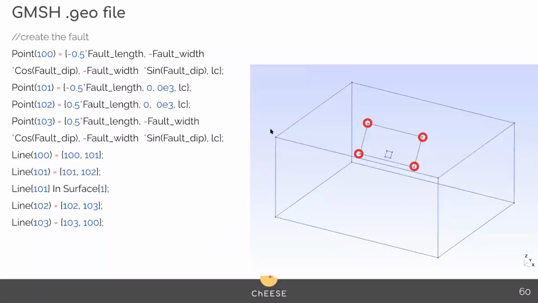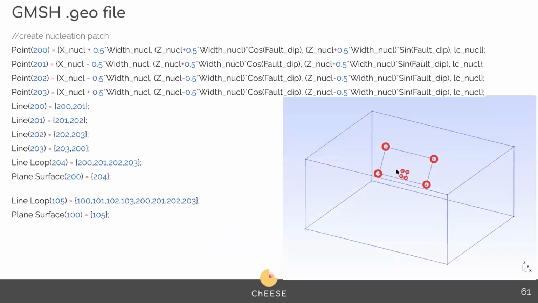With a similar method, we can create the fault surface, which is shown here. And we can also create the nucleation patch around the fault. So the loop around the nucleation and the loop around the fault will give you the fault surface together.